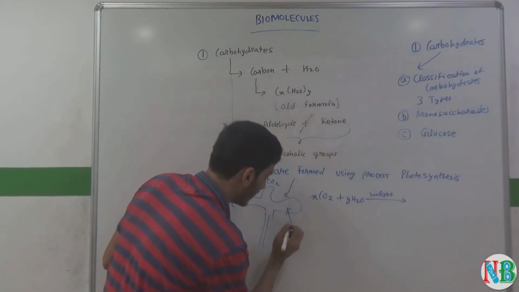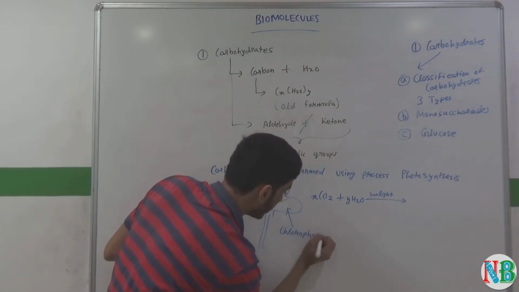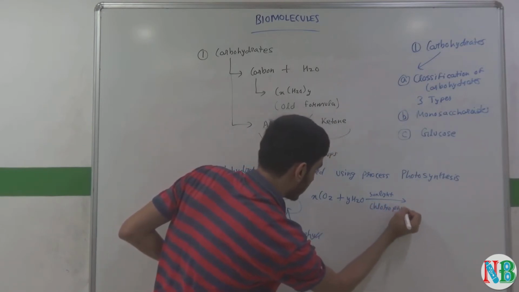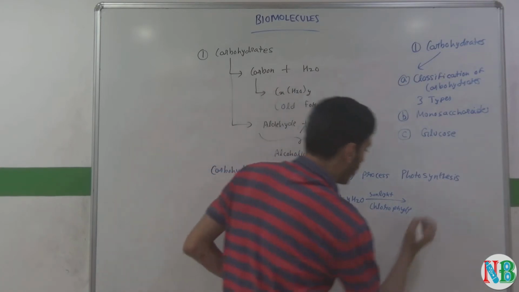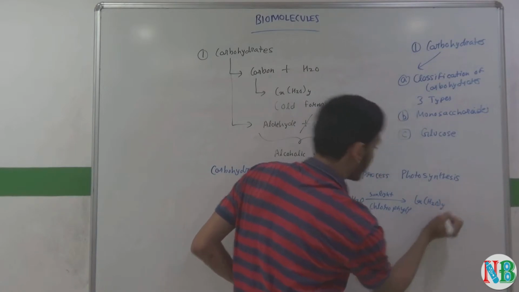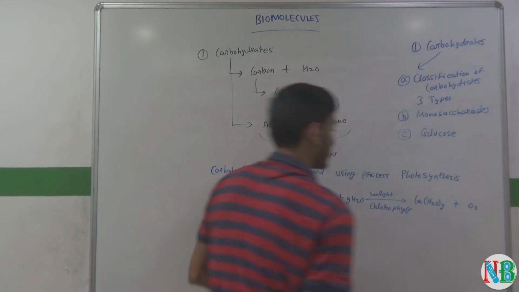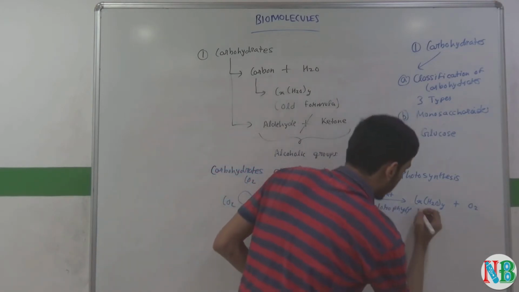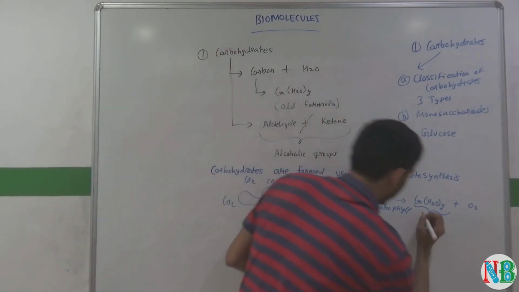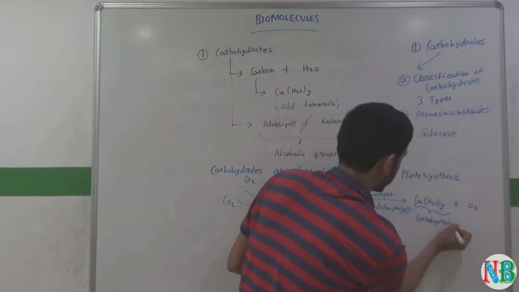This leaf contains a reagent known as chlorophyll. In this they react to form a compound with a formula like this, plus oxygen gas. This compound we get is known as carbohydrate. Simple.